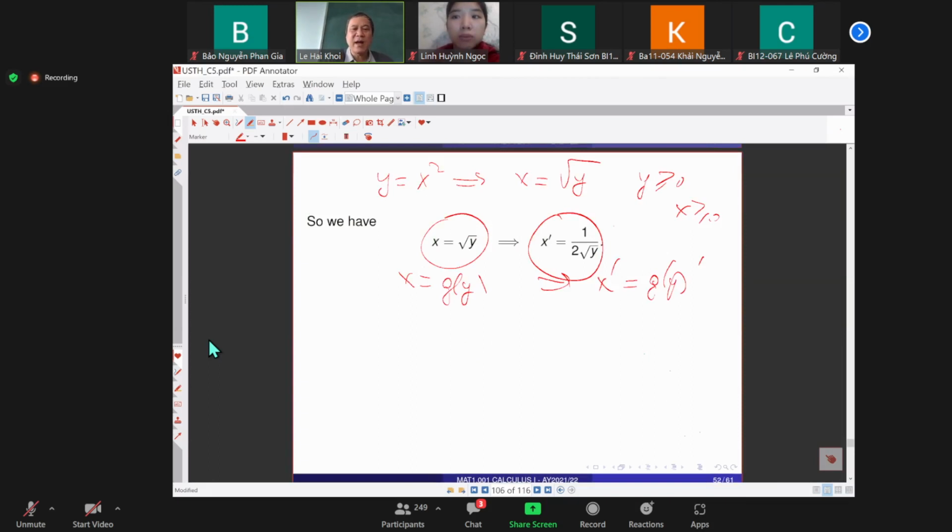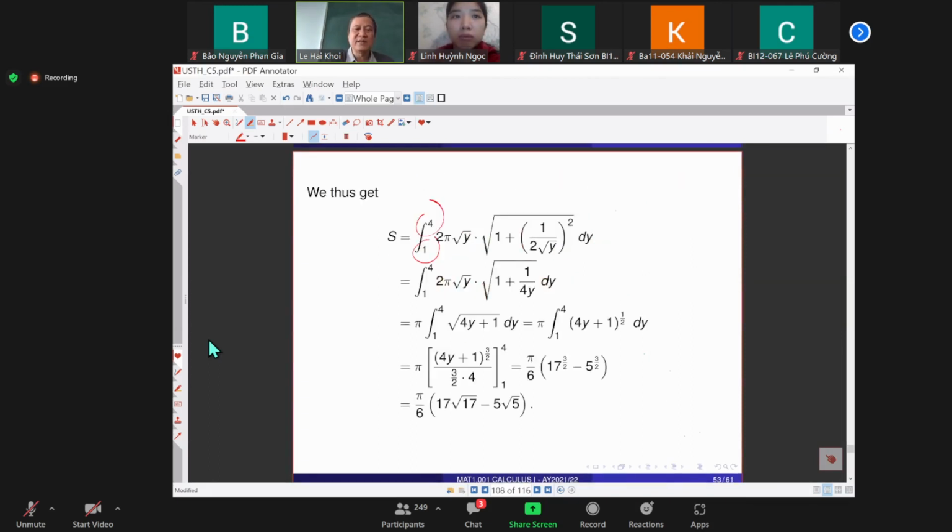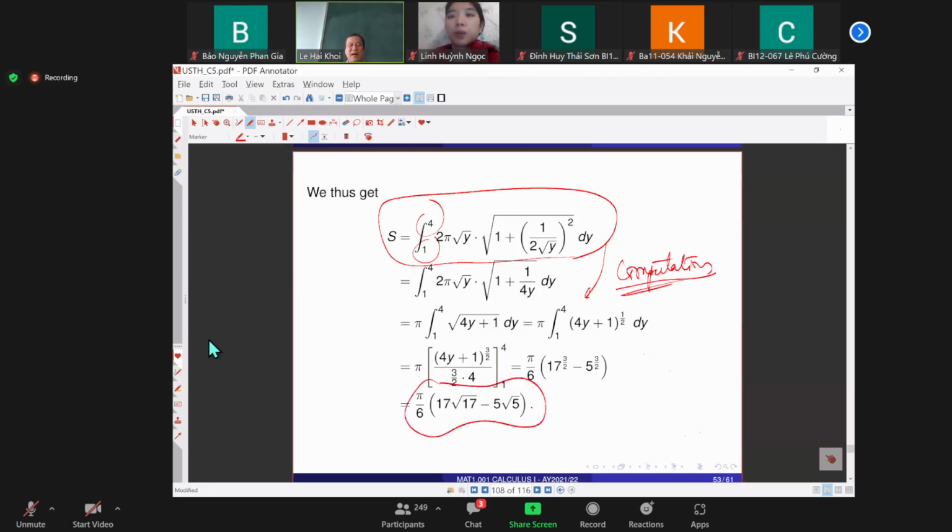So, after having this, the only thing left is computation, right? The computation again gets not beautiful numbers and answers, because of the square root of 1 plus x prime squared, and then computing the integral usually gives a not beautiful answer, but we have to accept such a case.